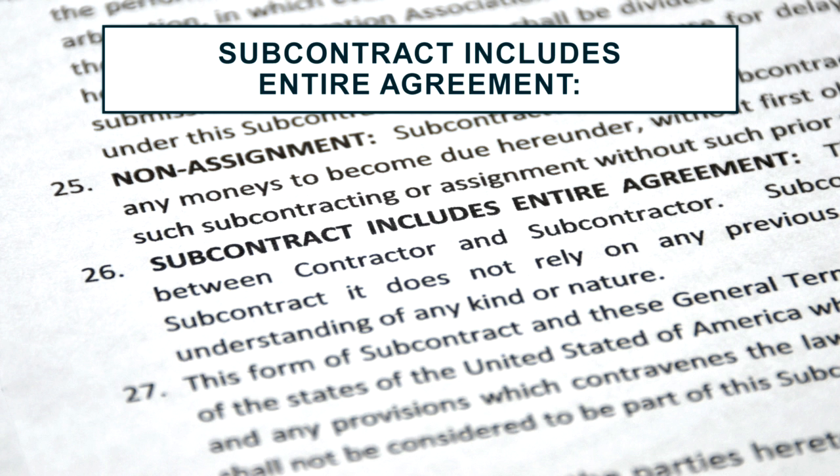Think about this for a minute, and that, although a very small paragraph, is telling you nothing you said, nothing you did prior to this subcontract has any bearing on what we expect you to do. In this subcontract, only what is written is what is expected.